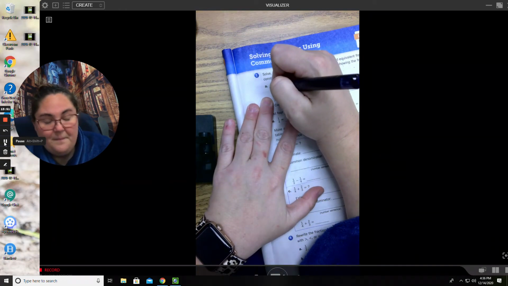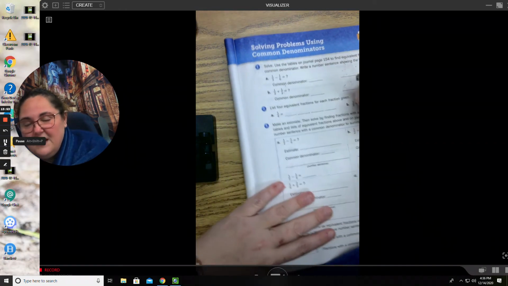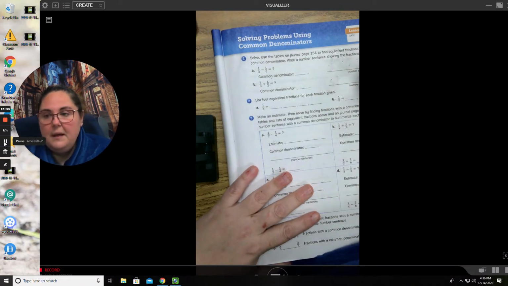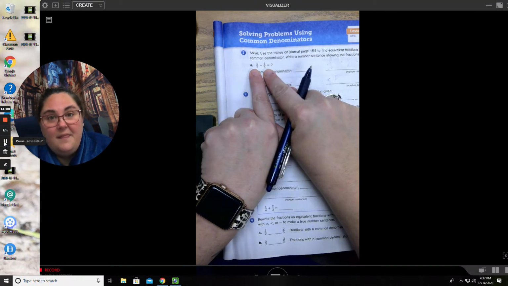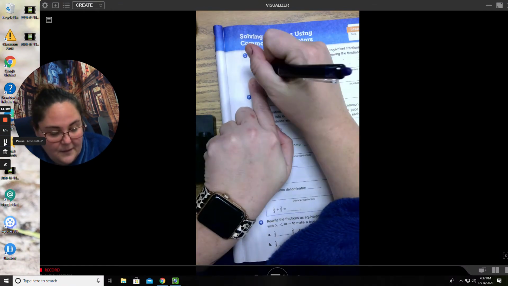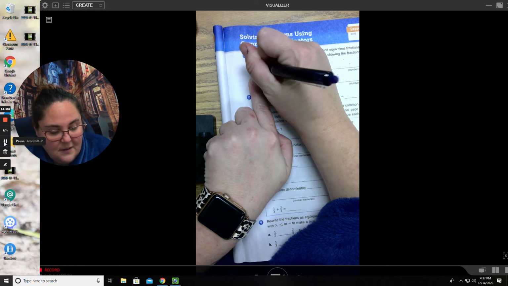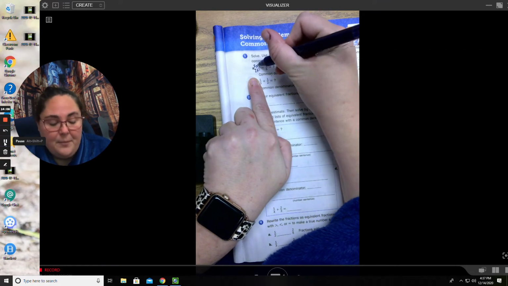So my trick way, yeah, you can use the chart. But if I look at my denominators and I see that 3 goes into 6 easy, then that's going to be my denominator. 3 times 2 is 6. Whatever I do to the bottom, I do to the top.